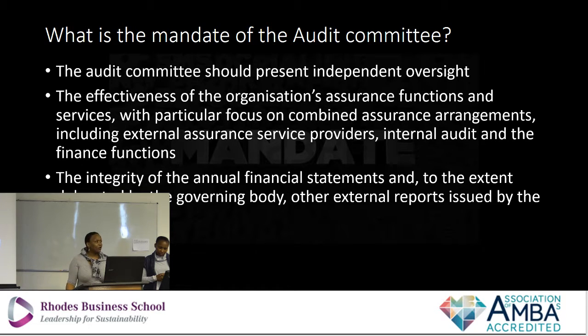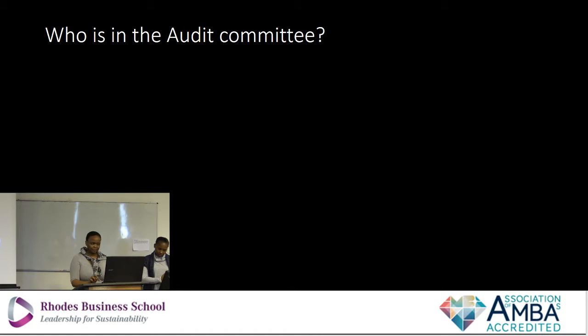The integrity of the annual financial statements, also that's an independent oversight of the integrity of the annual financial statements, and to the extent delegated by the governing body, other external reports issued by the organization. So it's not only the annual financial statements, but also it can be about external reports issued by the organization.